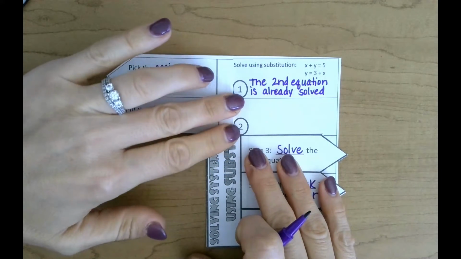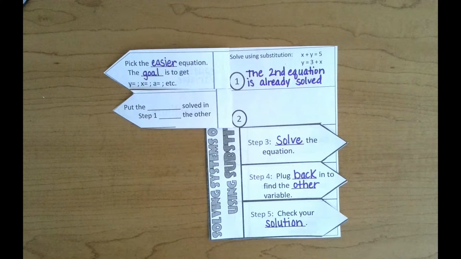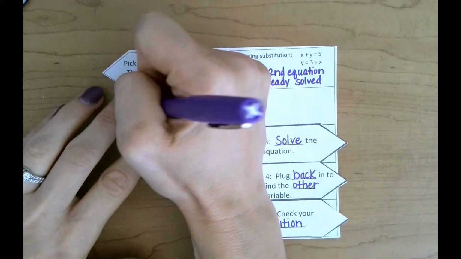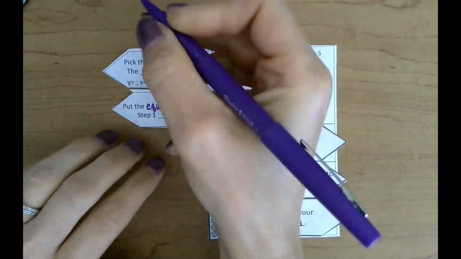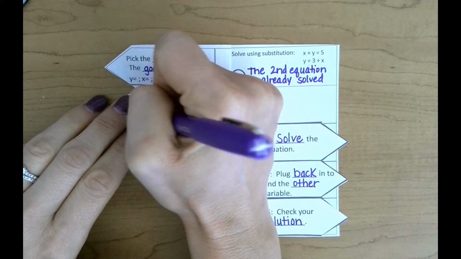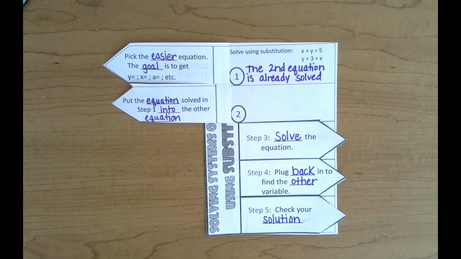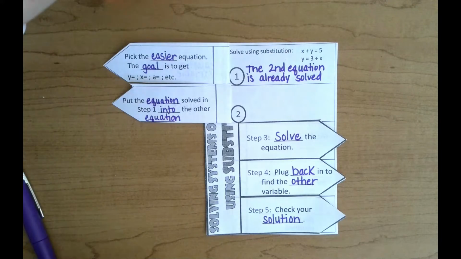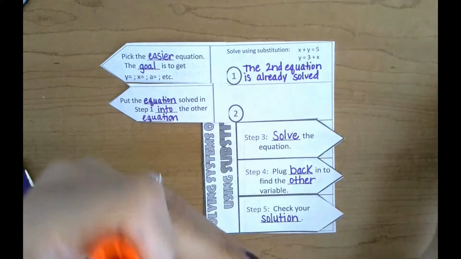All right. Then the next step would be substitution. So for this, you want to put the equation solved in step 1 into the other equation. If you want to color code with me, I'm going to choose one color to use for y and one color to use for x.